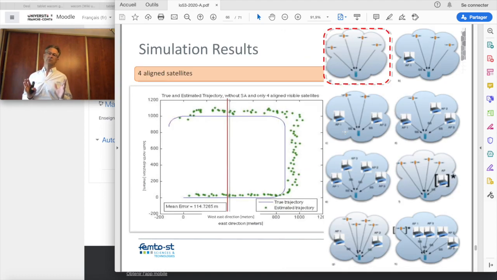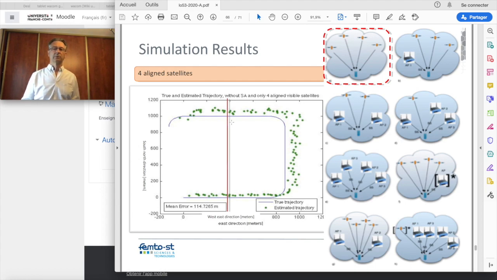So this is also an example to illustrate what a combined system can do. On the red line here, you can see that there is the urban canyon effect, because you have buildings on the left and on the right, and there is a street here, so you can receive only 4 aligned satellites.